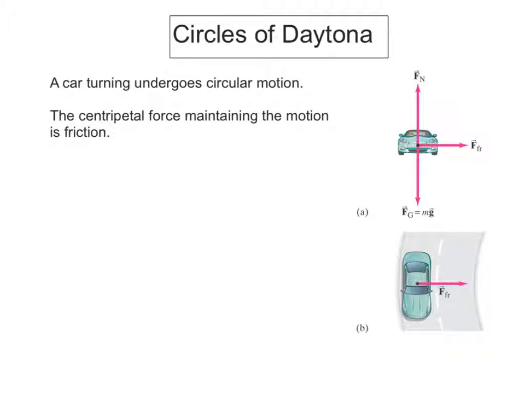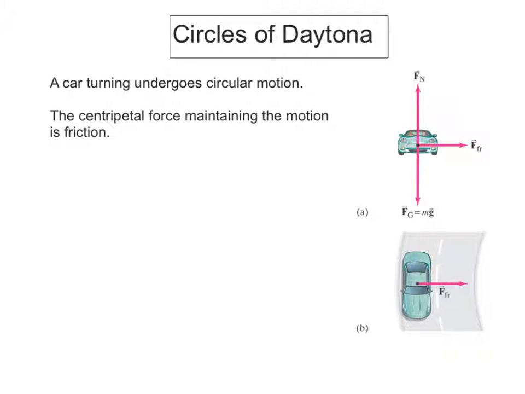It is the force of friction that is actually providing us with that centripetal force. So if we look at the top view right underneath our free body diagram, you can see that if this is the curvature of the motion, then our center of our circle would be somewhere over here, and friction indeed is pointing towards the center. So there is your centripetal force.